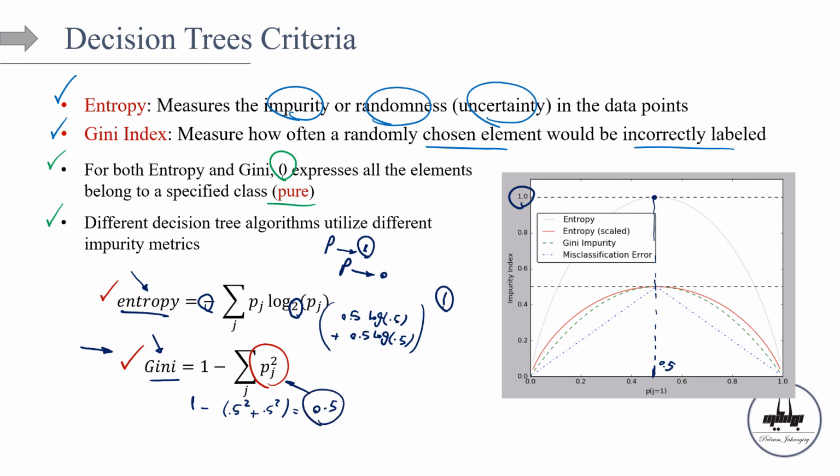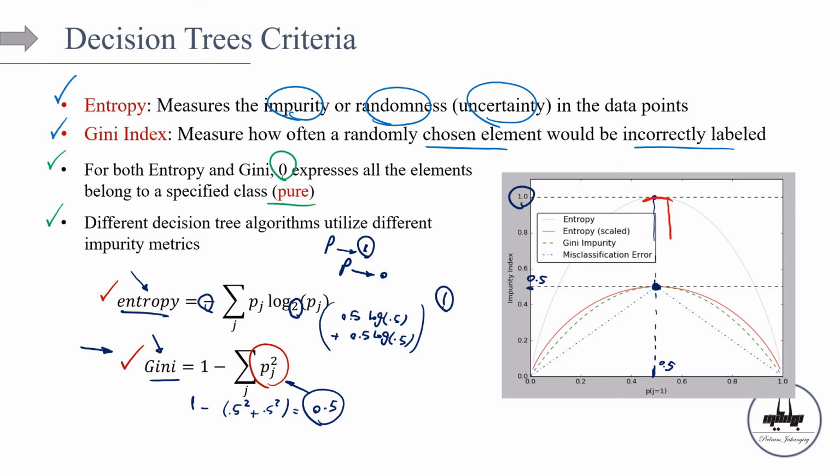For misclassification, it's the same story. What is the probability of making an error? It's going to be 50% if you're flipping a coin. So that's why we report this number as 0.5, and we're going to work with a scaled version of Shannon entropy. This is the Shannon entropy when the log is in base 2.